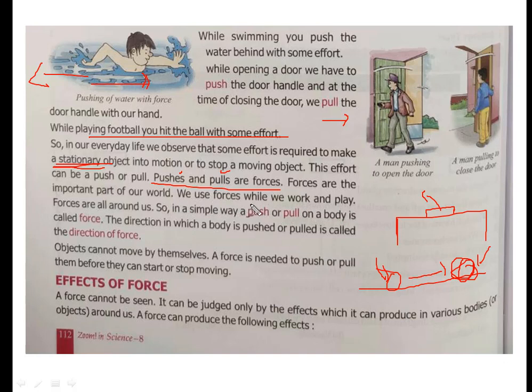So whether we are doing work or playing, we always use forces. Even while giving an exam, you are using force. You are writing on your exam copy with the help of the pen. So whatever you are writing, how are you able to write? By the application of force only. So forces are all around us.